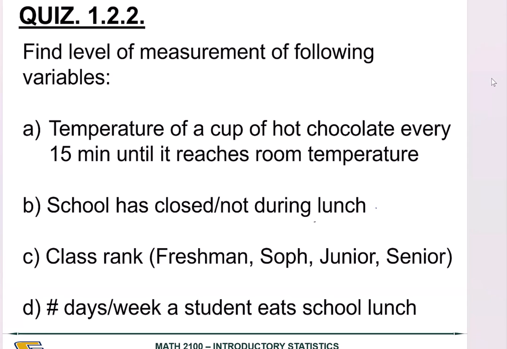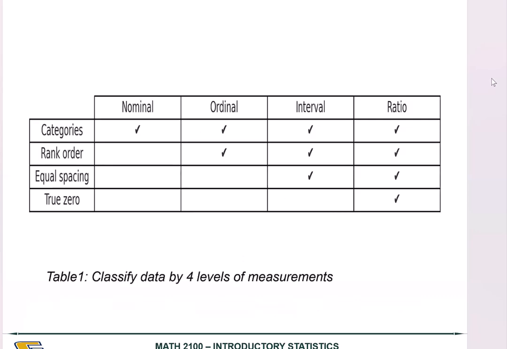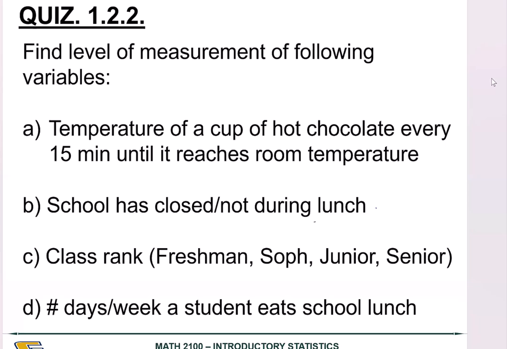Can you take a difference? Yes, we can take differences. Does the zero mean no heat at all? No. So in this case it will be interval data, with the first three properties certified, but the zero doesn't mean no heat. Interval for this case.